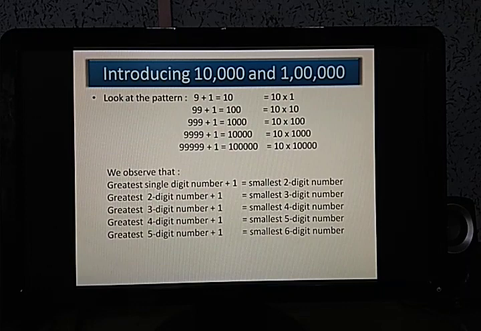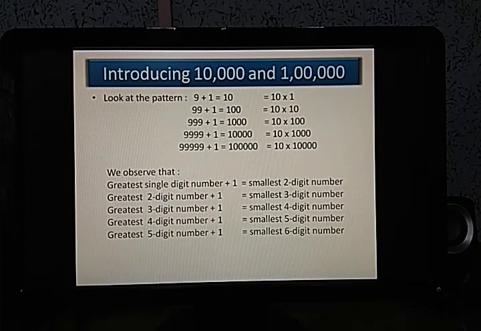And in this manner, if we add 1 to the greatest number of that digit, say the greatest 3-digit number or greatest 4-digit number, we will get the corresponding smallest number of the next order.